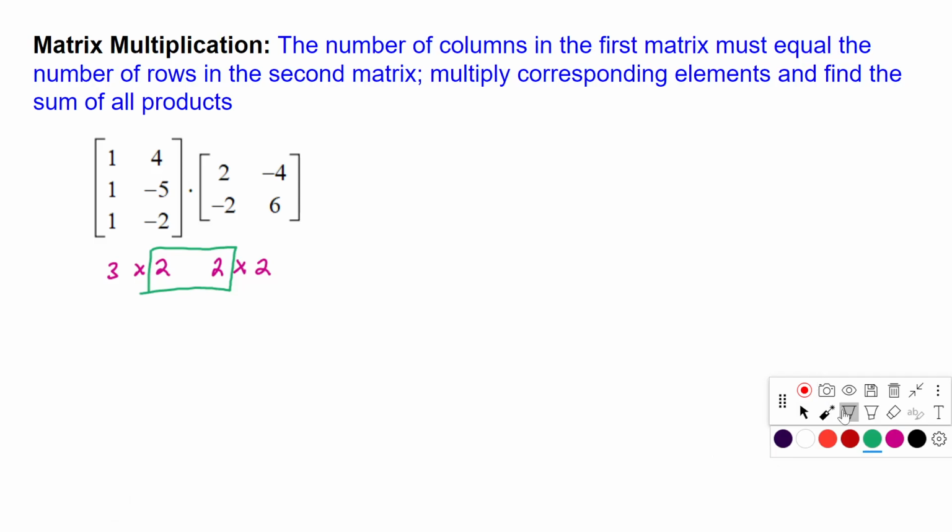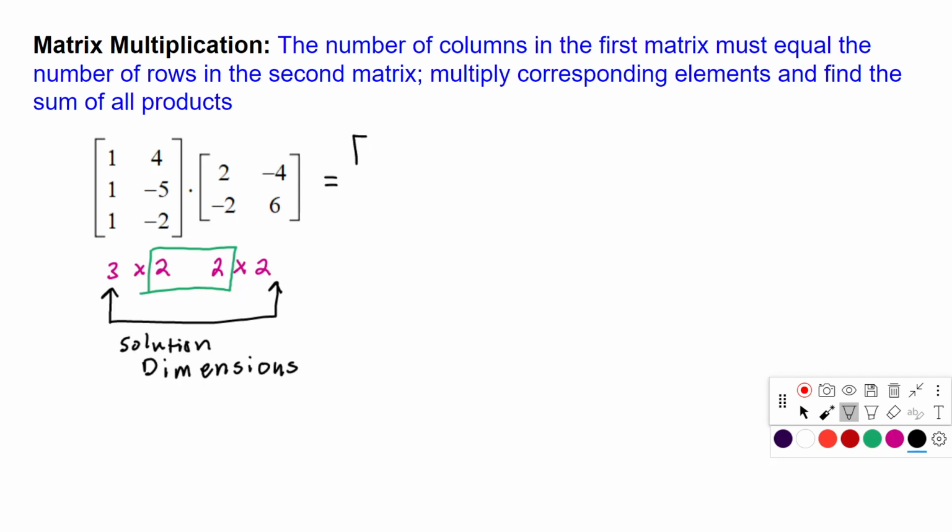The outside values give you the dimensions of the solution. So we're going to have 3 rows by 2 columns for our answer.